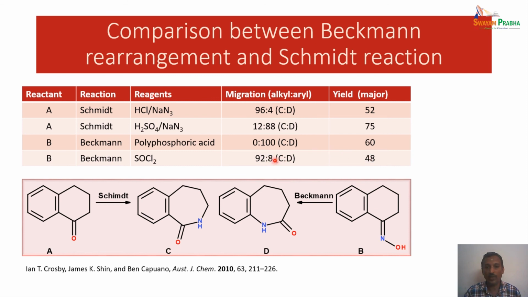So in this particular case, Schmidt reaction is better for preparing this particular intermediate, that is C, whereas for the product formation D, we may use Beckmann rearrangement. So even though we have two different conditions and the starting materials are also different, the product formation and the ratio of the isomers are the crucial things which decide which type of reaction we can actually follow.